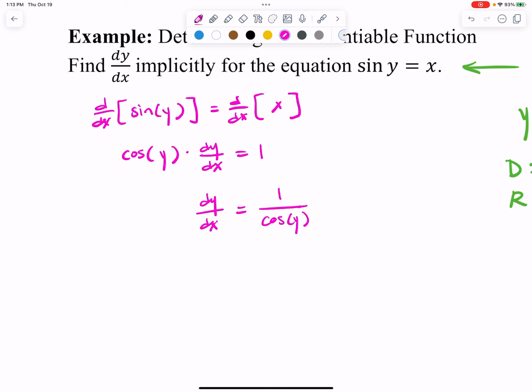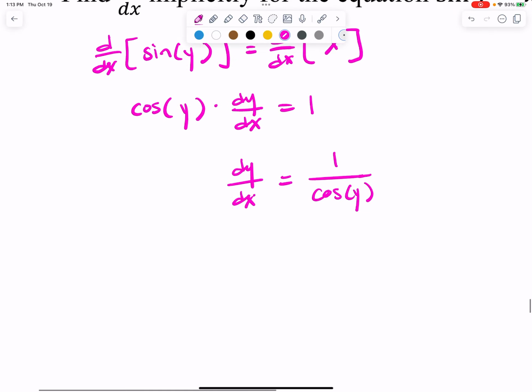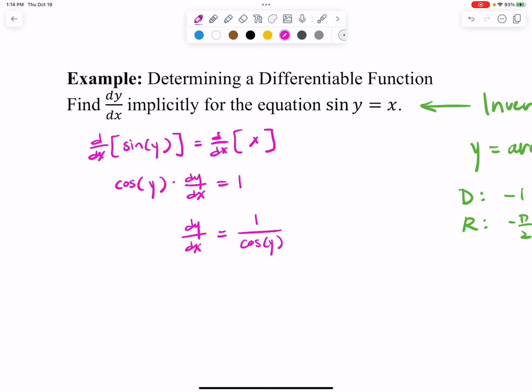If you remember last year, whenever we thought about rewriting trig expressions in their equivalent forms in terms of x, we used either right triangles or the trig identities. So one relationship we know between sine of y and cosine of y would be the Pythagorean identity, saying sine squared of y plus cosine squared of y is equal to 1.